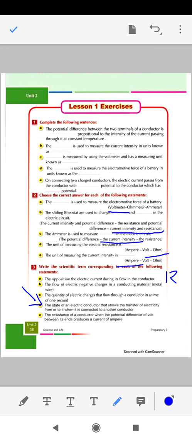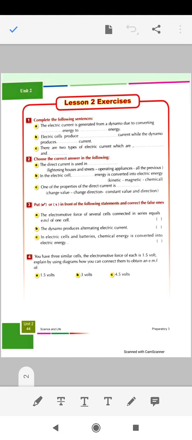E: the resistance of a conductor when a potential difference of 1 volt between its ends produces a current of 1 ampere. Since I found 1 volt and 1 ampere, it is the definition of a measuring unit, the unit of resistance, which is ohm.